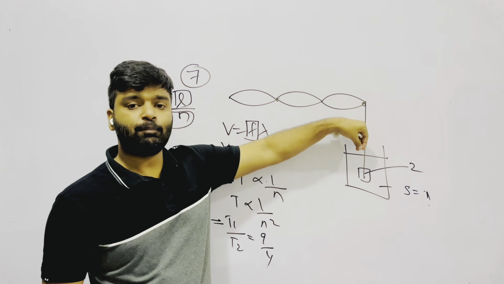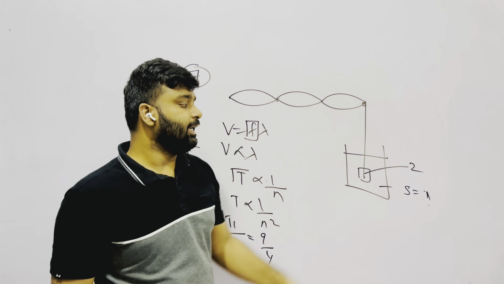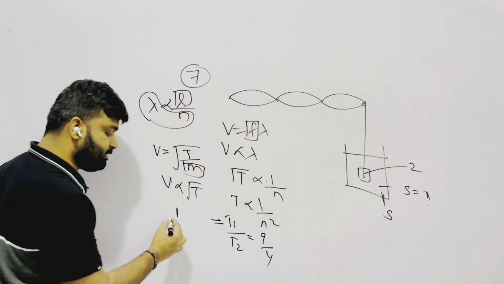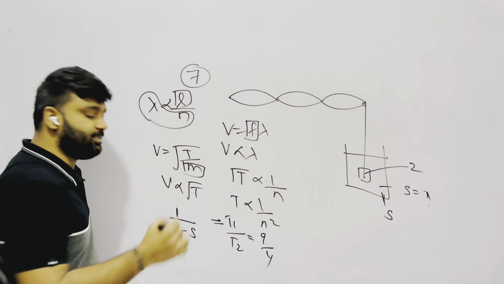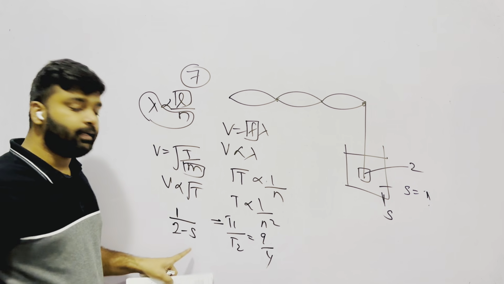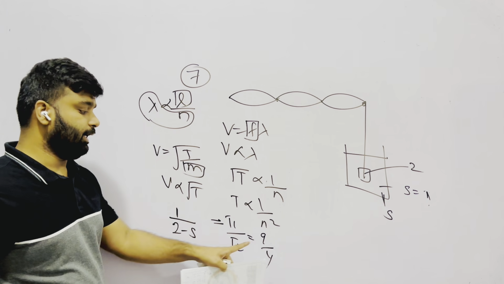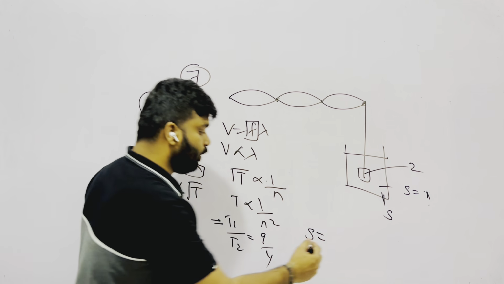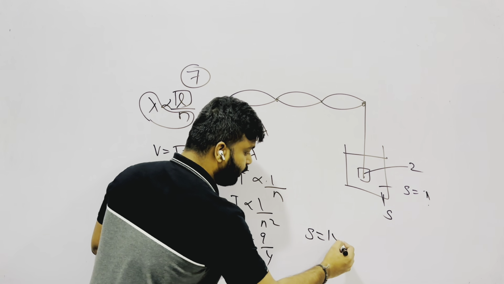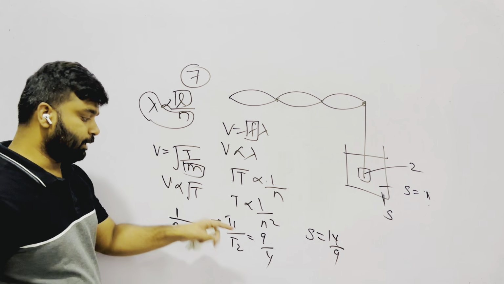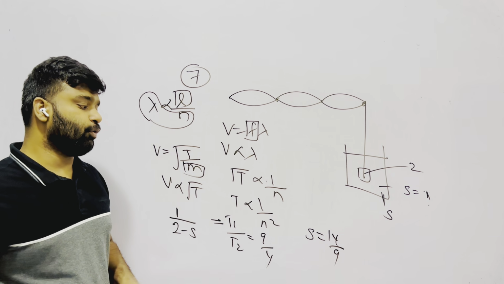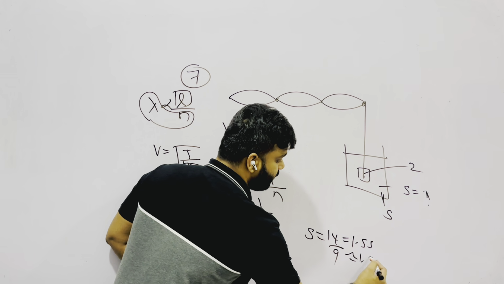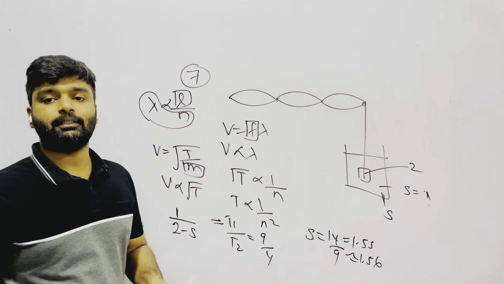Now, the same object, relative density of 2, is inserted in a liquid of relative density S. Therefore, if it is subtracted, that will be 2 minus S. You can directly put it in if you can, right? If you cross multiply, you can get the answer S is equal to 14/9. That is roughly 1.555. If you approximate, then 1.56 will be the answer.